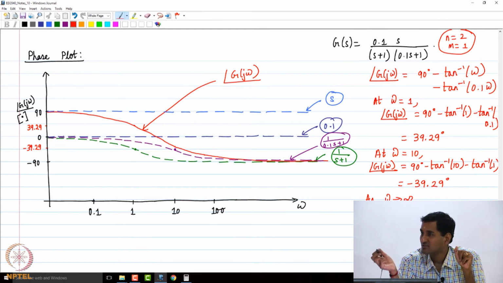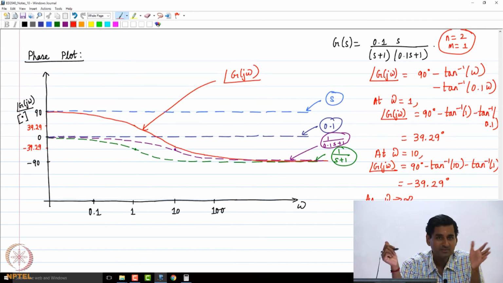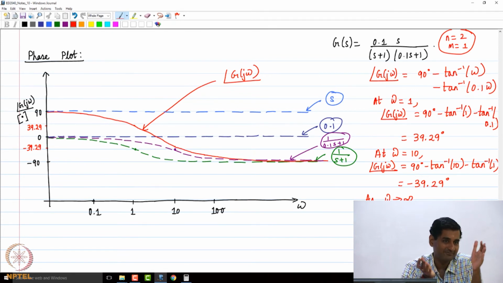I can give sinusoids of varying frequency and look at the steady state output. If I also get sinusoids of the same frequency, then I know that in the frequency range of interest I can model the system as an LTI system. That is point number 1. Then you record the input sinusoid and output sinusoid, you know the input amplitude and output amplitude, and you get the magnitude at particular frequencies.